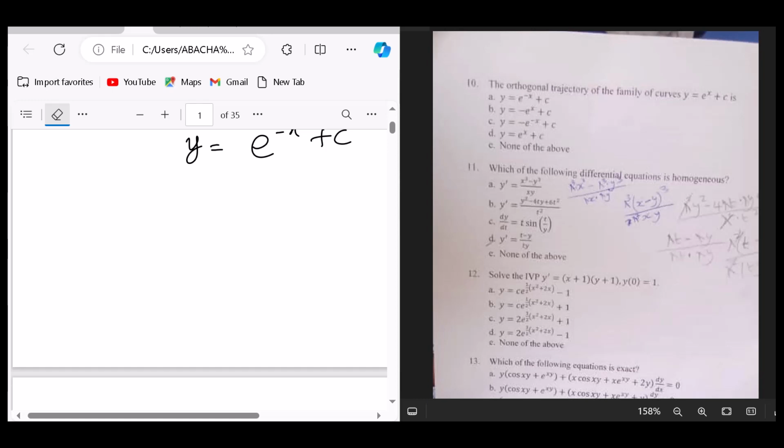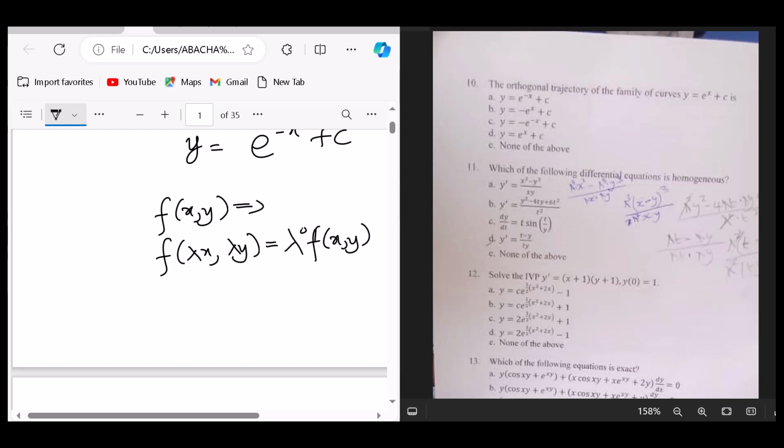If a differential equation is homogeneous, then what we have to know is, if we have an equation f of x, y, and we introduce lambda x, lambda y, then we can write lambda to the power 0 times f of x, y.